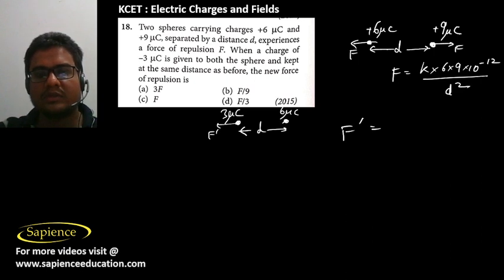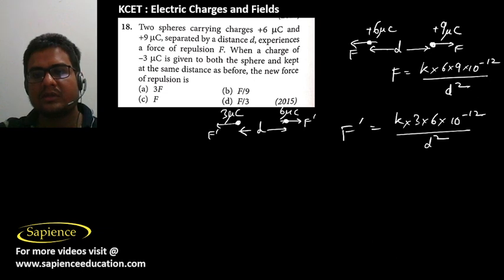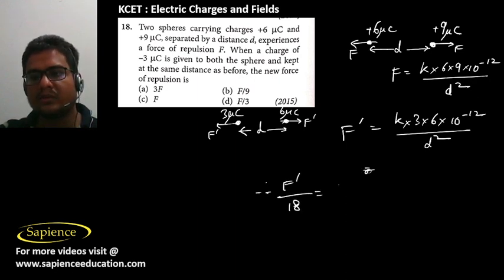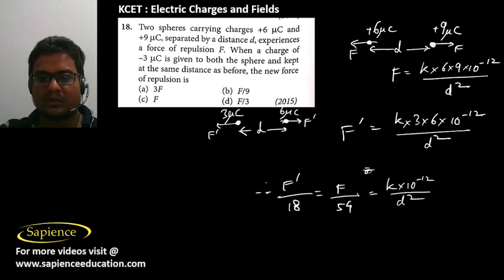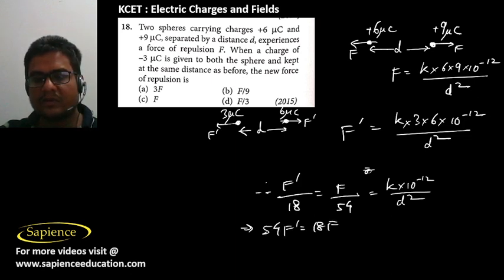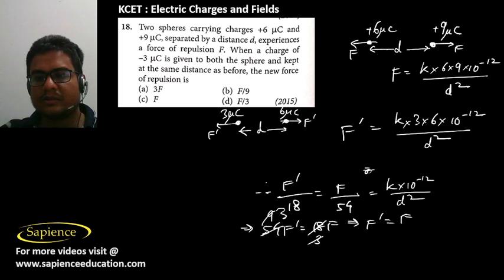Then the new force of repulsion is F dash, equal to K into Q1 Q2 divided by d square. Therefore F dash by 18 equals F by 54, since both equal K into 10 power by d square. So 54F dash equals 18F, and F dash equals F by 3. So option D is the correct answer.